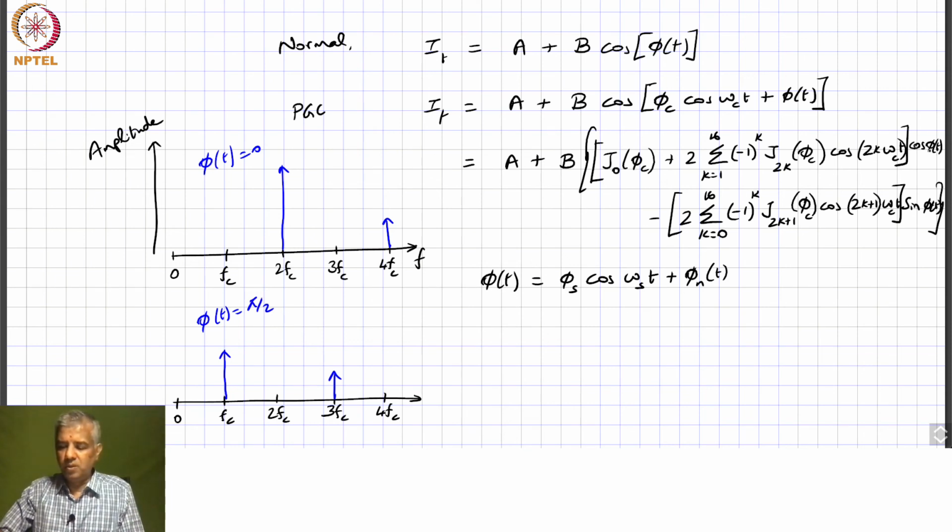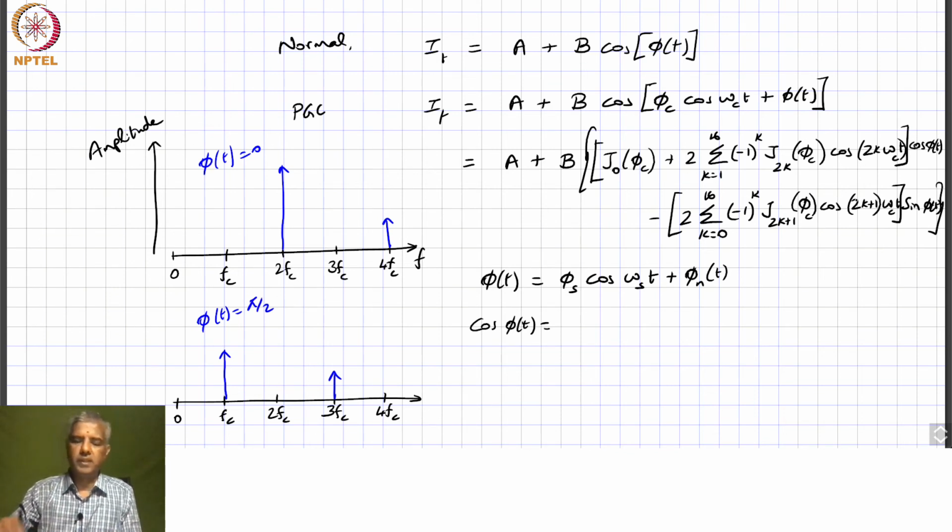If you look at cos of phi of t, if phi of t is this, cos of phi of t is once again like what we did, cos of cos. We looked at it and then we wrote down all of this.